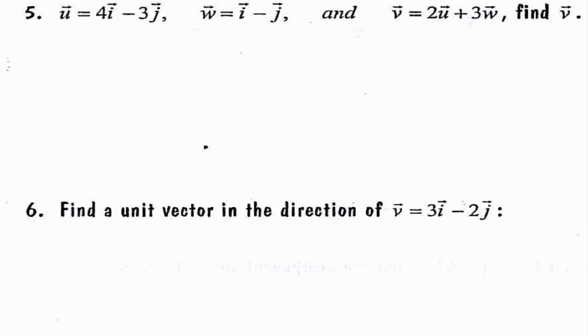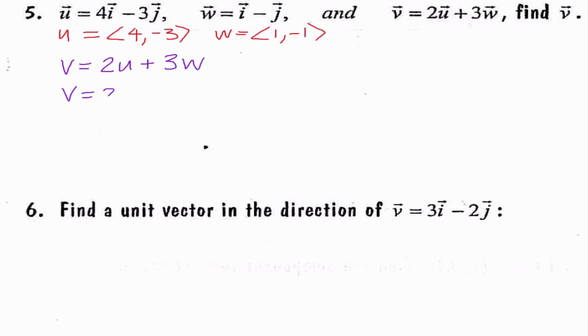The first thing I'm going to do is make u into <4, -3>, and w into <1, -1>. That's just converting it from linear combination form to component form. Vector v is 2u plus 3w. So I'm going to go ahead and say 2 times <4, -3> plus 3 times <1, -1>.